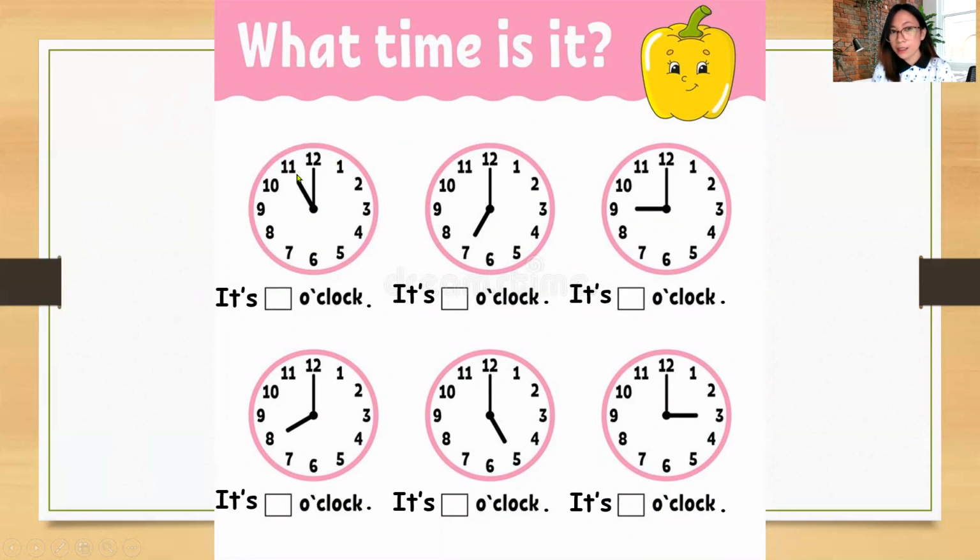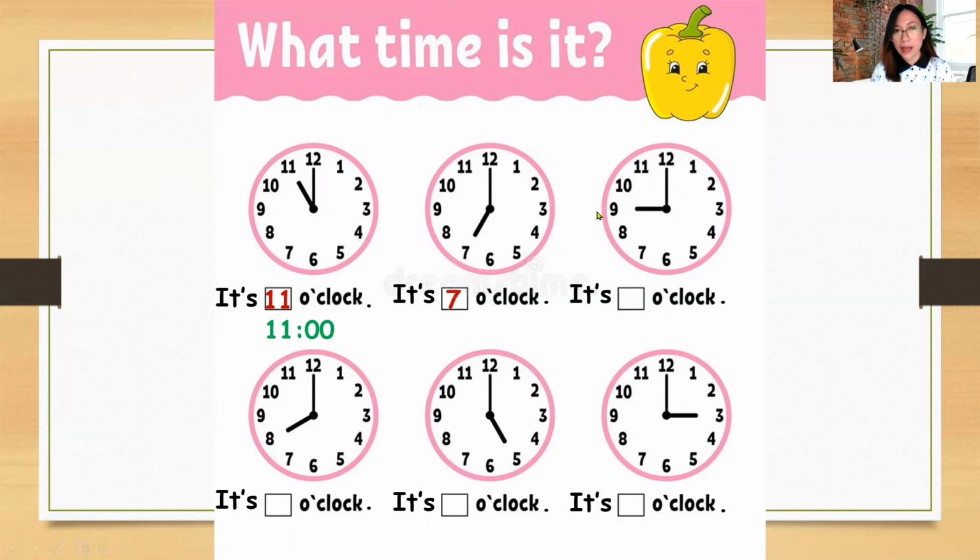What number? It's 11 o'clock. Very good. And then we write it as 11 and then 2 zeros.